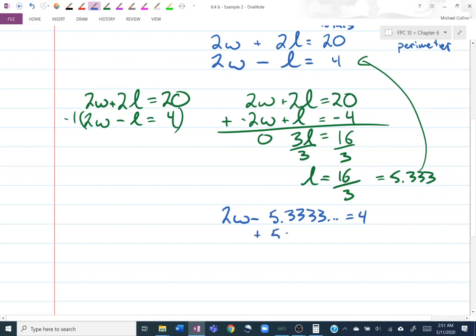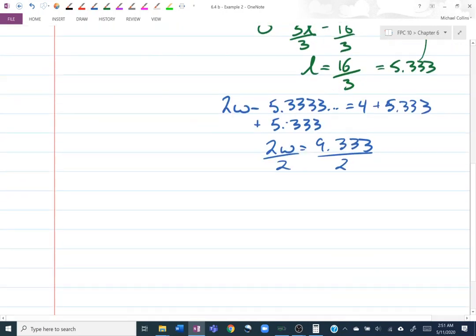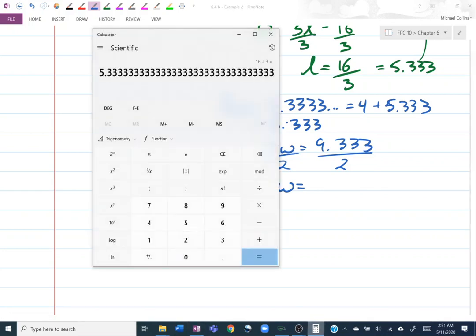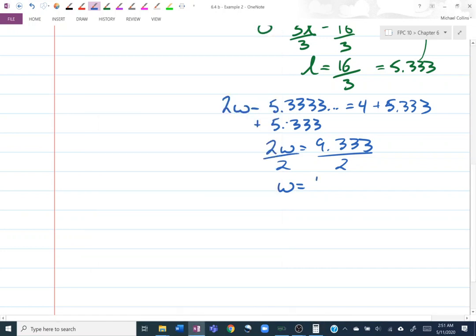I'm going to add 5.333 to both sides, and I get my 2w is equal to 9.333. Divide both sides by 2. And my W is equal to 9.333 divided by 2. And that is equal to 4.666.